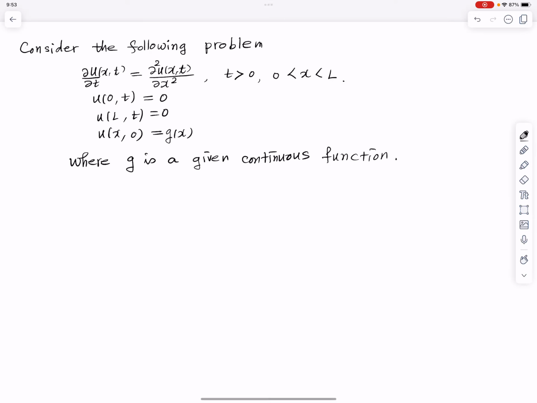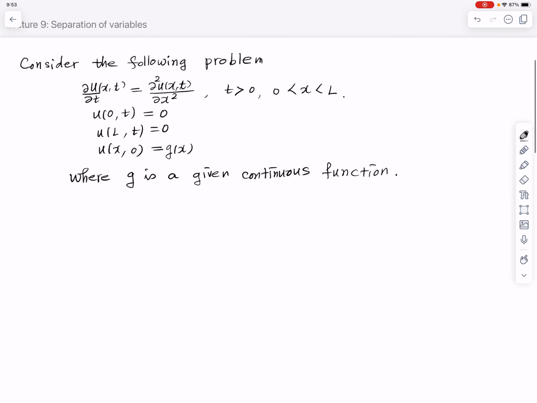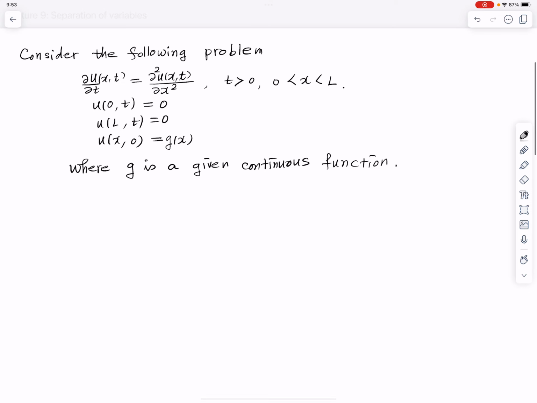Hello everyone. Starting from today, we are going to apply Fourier series to solve PDEs. We are going to start with the very simple heat equation. This is the system of heat equation, a heat equation with the initial boundary conditions.